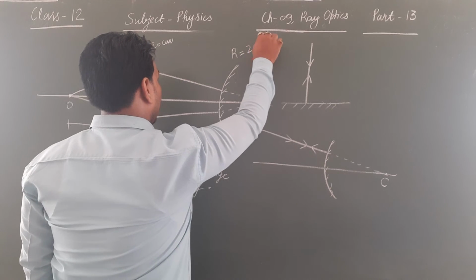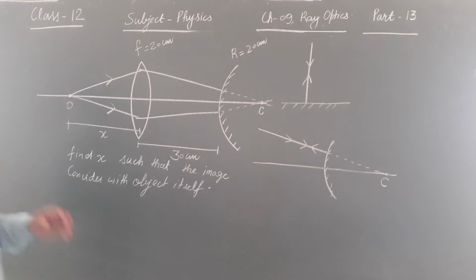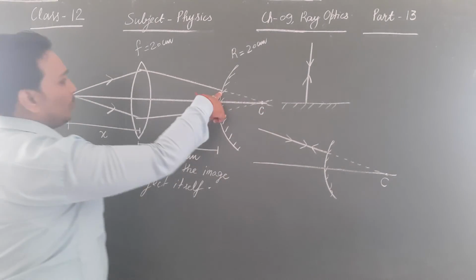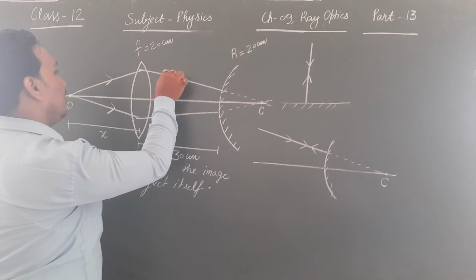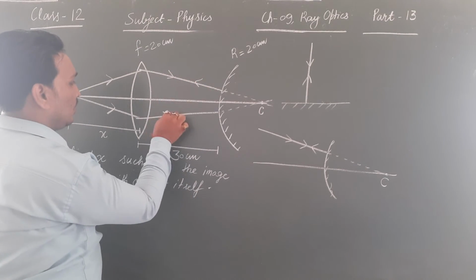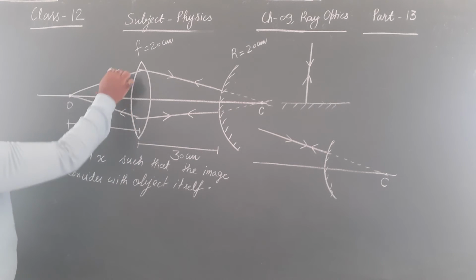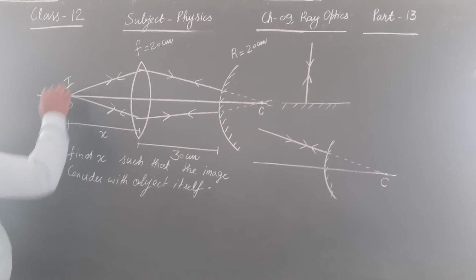So the ray must fall on the center of curvature. Then only this ray will be perpendicular to the surface and the ray will retrace its path. It will go like this, it will come like this, and again the image will be formed at the position of the object itself. Okay.